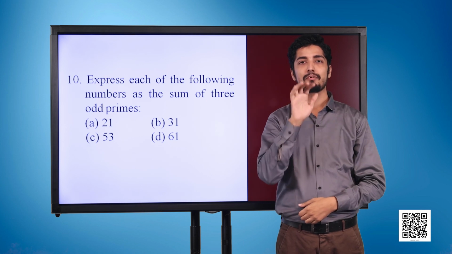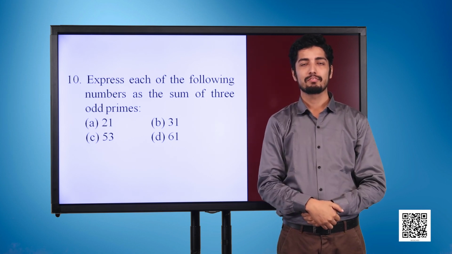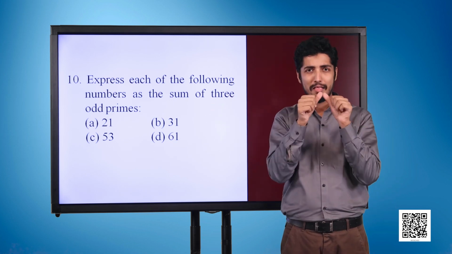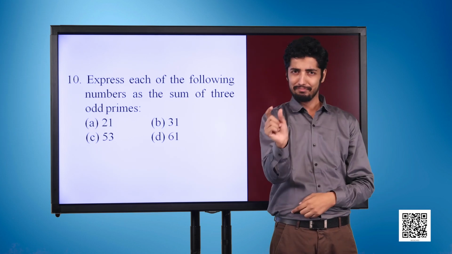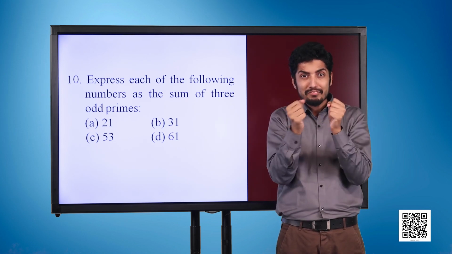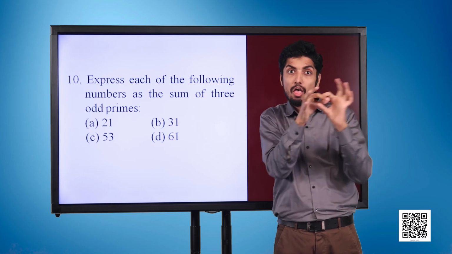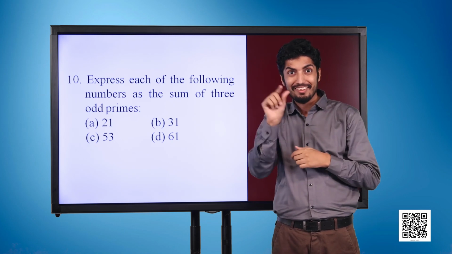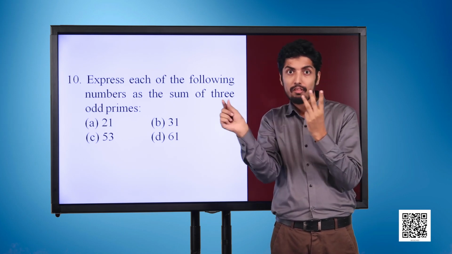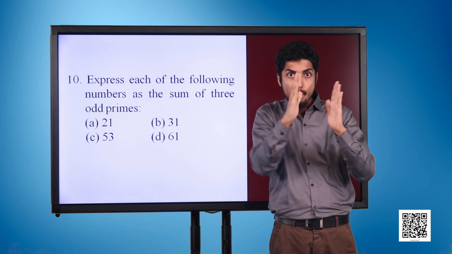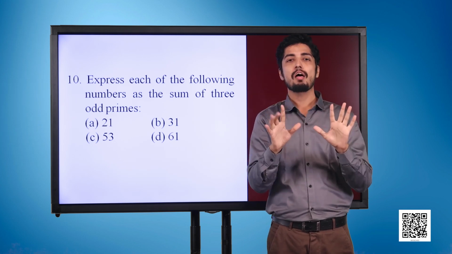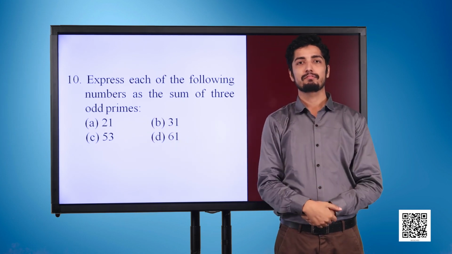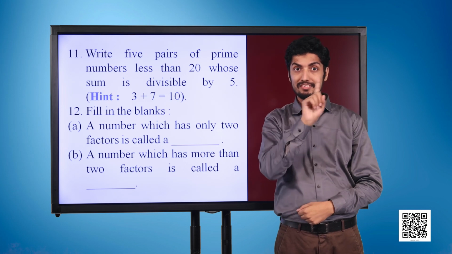Page 54. 10. Express each of the following numbers as the sum of 3 odd primes. A. 21, B. 31, C. 53, D. 61. 11.